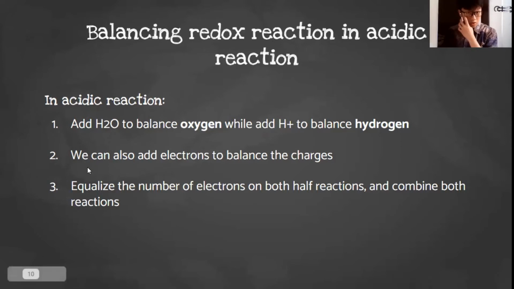Next, we also can add electrons to balance the charges on both sides. And the last step is to equalize the numbers of electrons on both half reactions, so on reduction and oxidation reactions. And then we combine both of the half reactions.